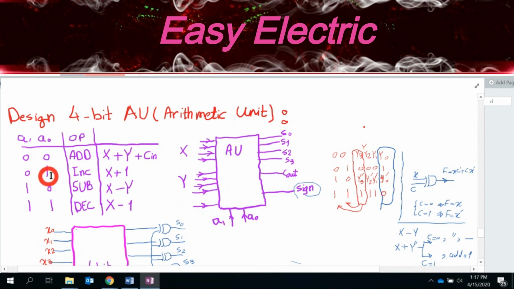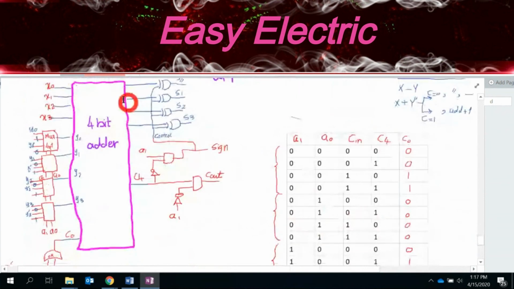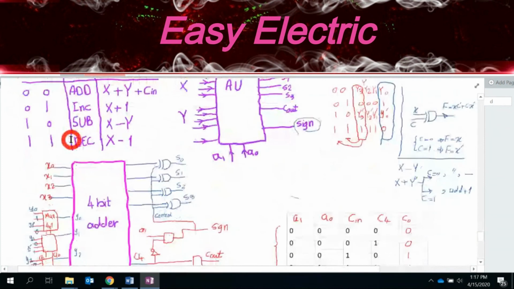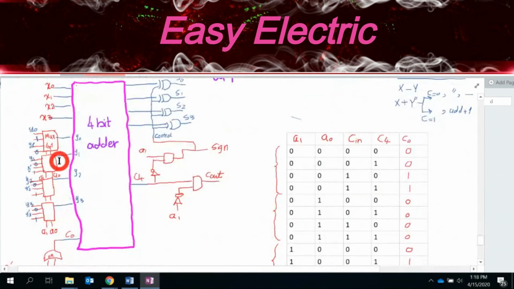Whenever that is 0, 1, it adds x by 1. Whenever it is 1, 0, it subtracts these two. And whenever it is 1, 1, it subtracts x by 1. So what we did, we just use one 4-bit adder. We connect x here. We use the mux because we have 4 different options for the different values of A0, A1. Okay, we use the mux 4 by 1 and connect these here.